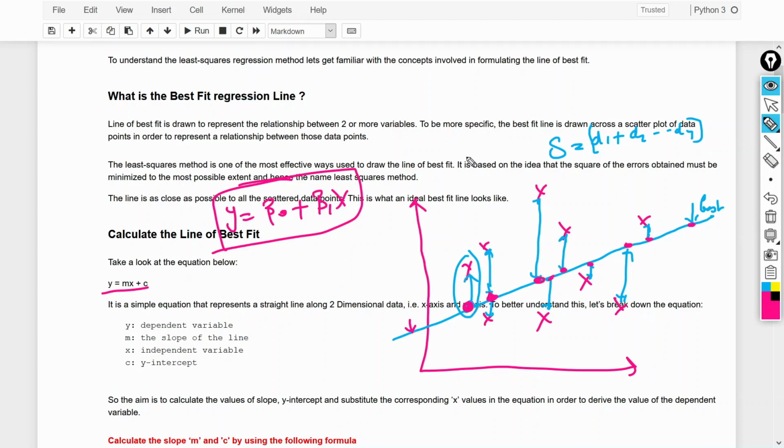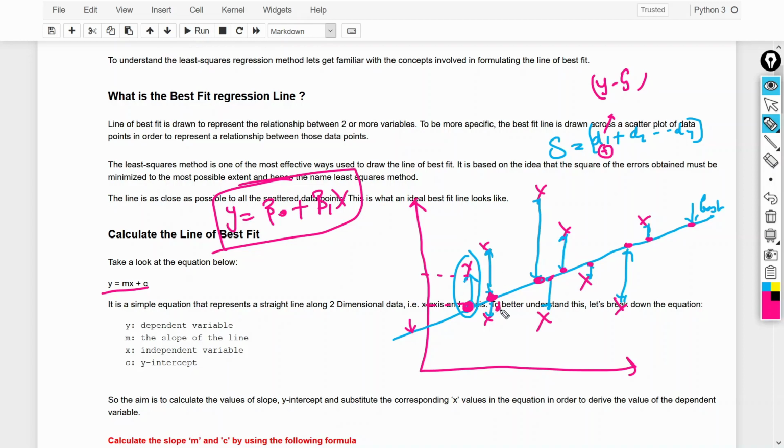So how can we calculate this particular d1? d1 would be y minus y hat. Here y will be more compared to the predicted value, so this will be positive.